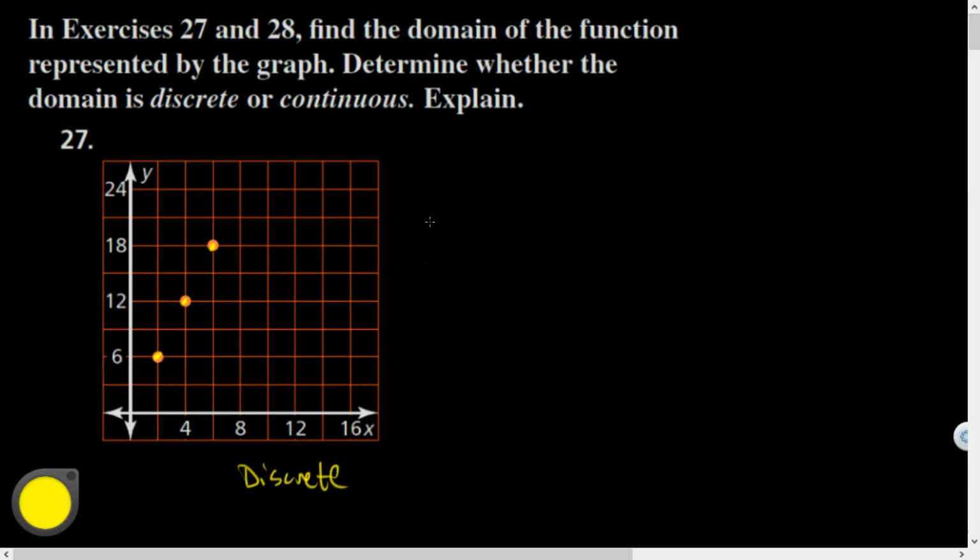You could say your explanation is there are jumps in the graph. You could say that there's a finite list of points in the domain, so a finite domain. Not necessarily.